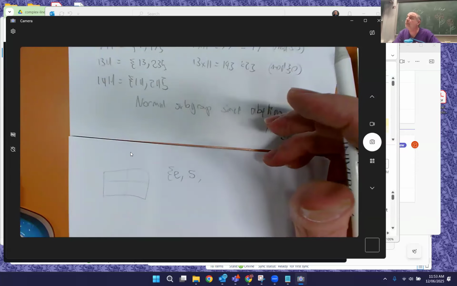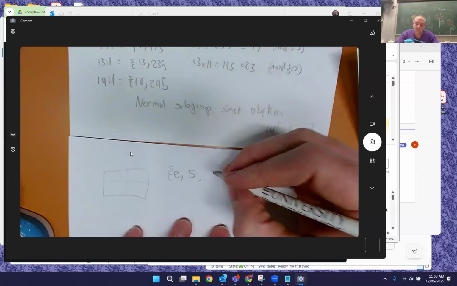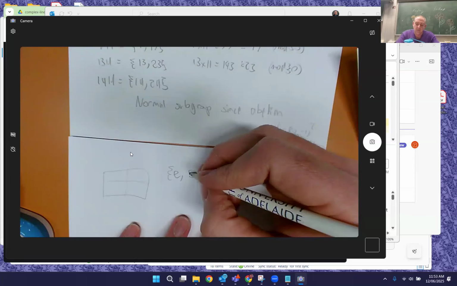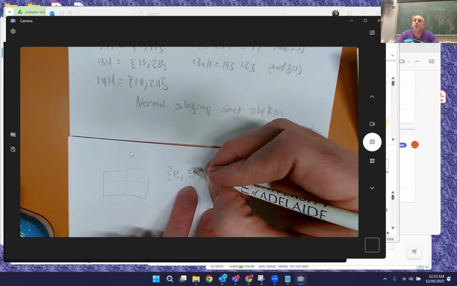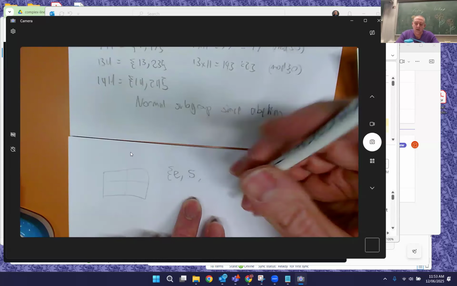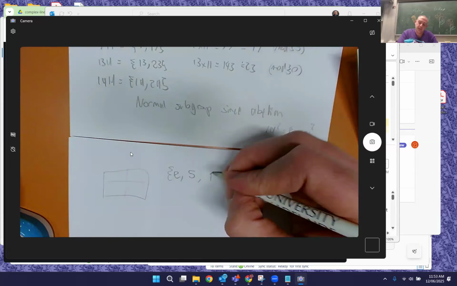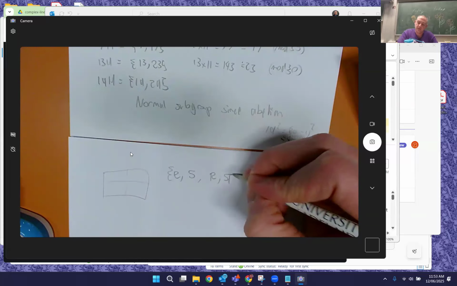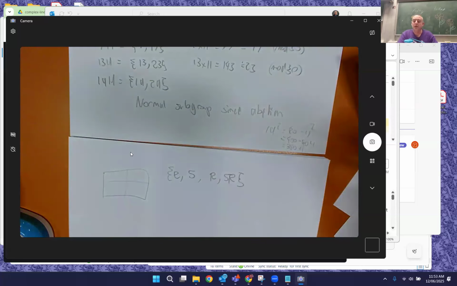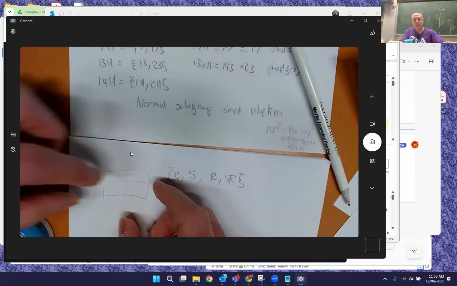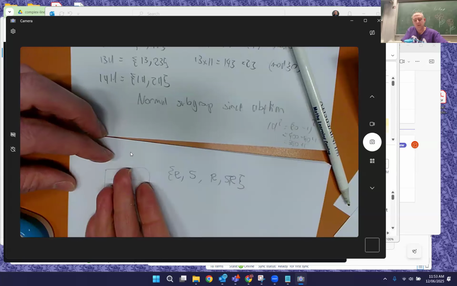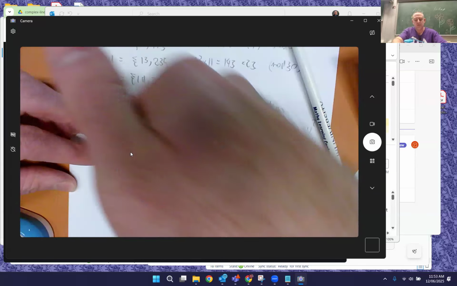What's that? What was the S? Oh, what's the other flip? Oh, that'd be SR, wouldn't it? Like that. Because if you flip and then rotate.